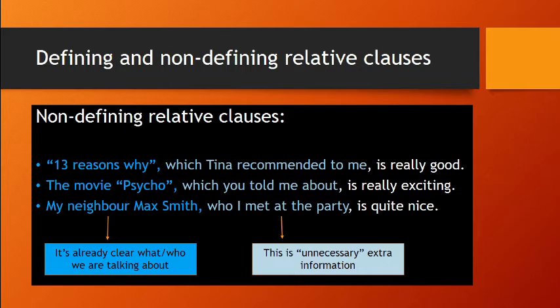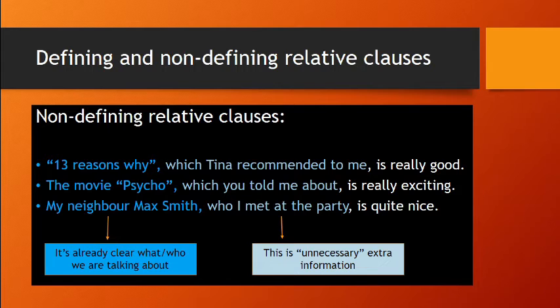And now what these sentences have in common is that it's always already clear what or who we are talking about. Let's imagine the first sentence was "13 Reasons Why is really good." We would know that we're talking about the book that has the title 13 Reasons Why.